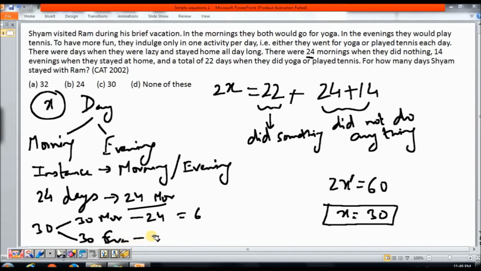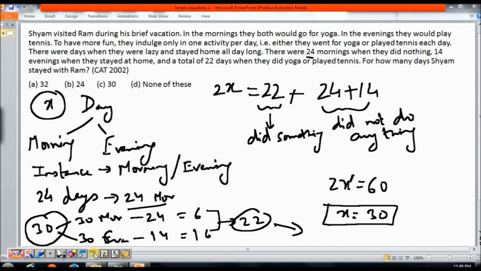Out of 30 evenings, they didn't do anything on 14 evenings, so they must have done something on 16 evenings. 6 and 16 gives me 22 mornings and evenings when they would have done something, or 22 days when they did yoga or played tennis. So this fits in with my given premise. So 30 must have been the number of days when Shyam and Ram stayed together.